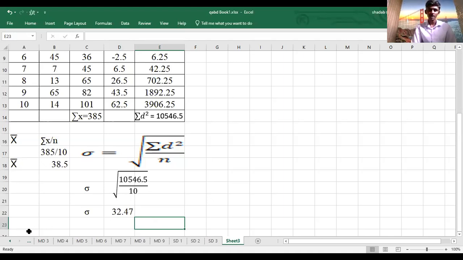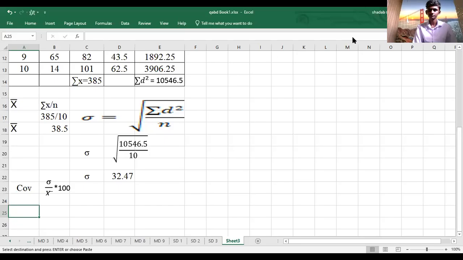Now moving further, we also have to calculate the coefficient of variance. The formula for the coefficient of variance is standard deviation divided by arithmetic mean, that is x bar, into 100. We apply that formula: standard deviation 32.47 divided by x bar value 38.5 into 100.